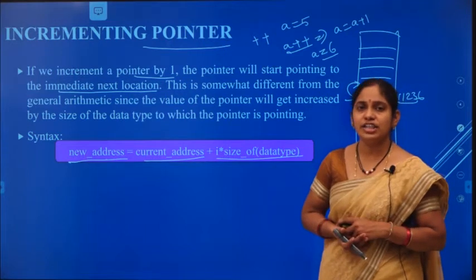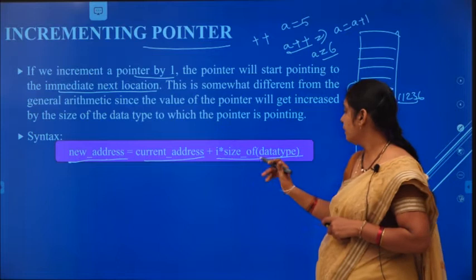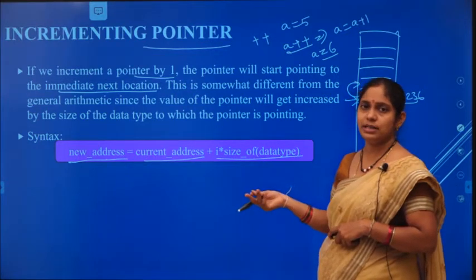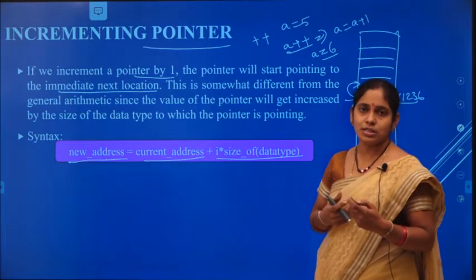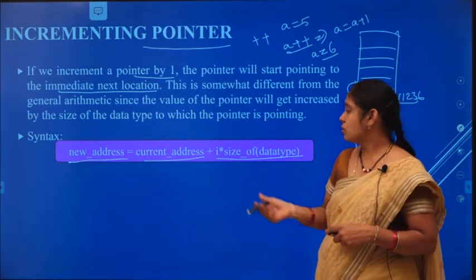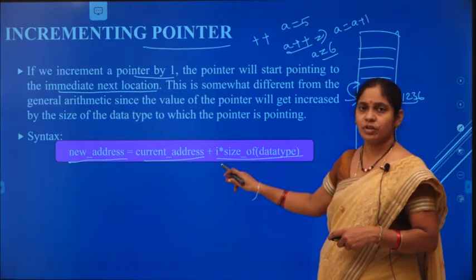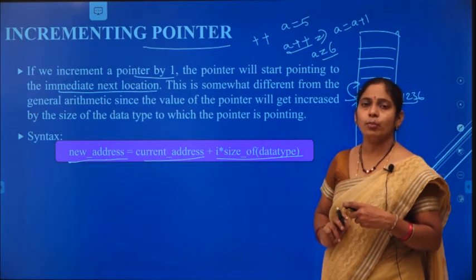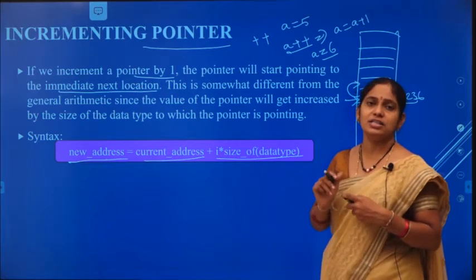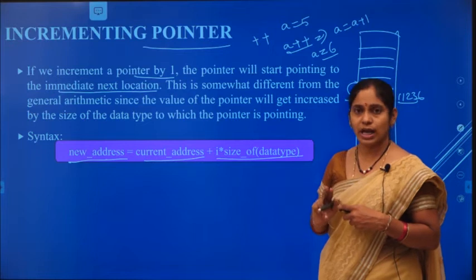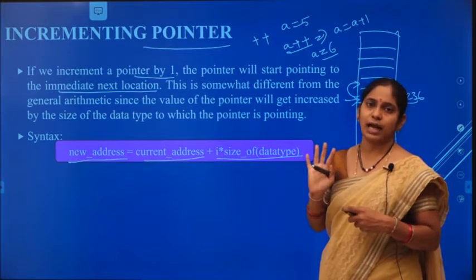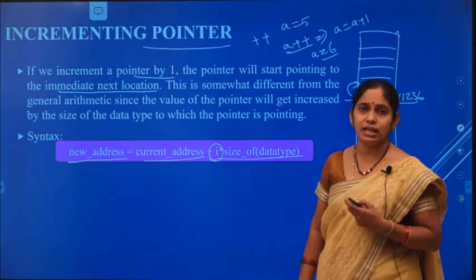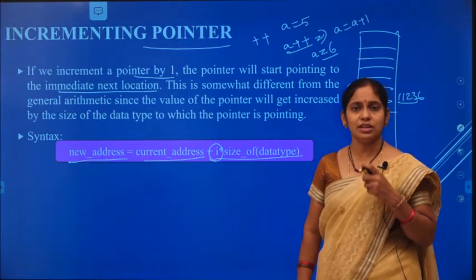If we declare an integer variable, then sizeof int depends on the operating system. It may take 2 bytes or 4 bytes. So what is i here? It represents how many times you want to perform the increment: one time, two times, three times or four times.